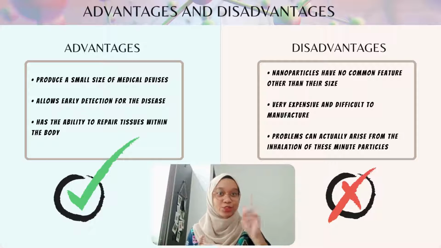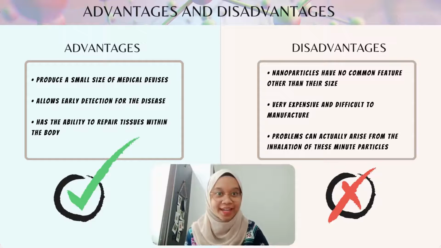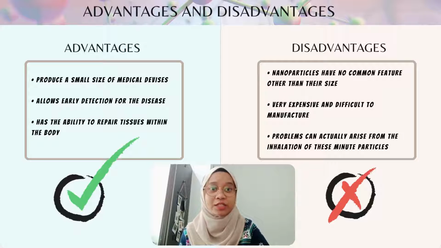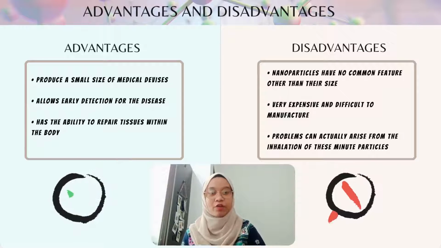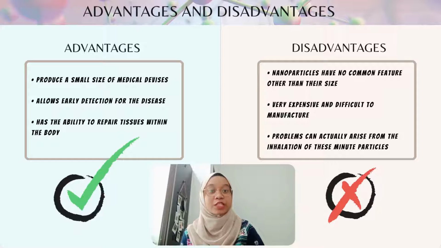Next, advantage number 2, nanomedicine is a modern technology in medicine that allows early detection of disease. This allows the doctor to detect the disease in an early stage. For example, nanotechnology has been used for improving ovarian cancer diagnosis and treatment. Also, it is used for earlier diagnosis, imaging and screening of ovarian cancer.